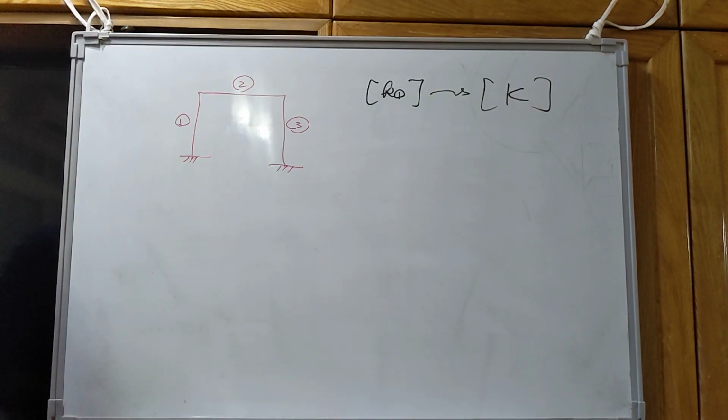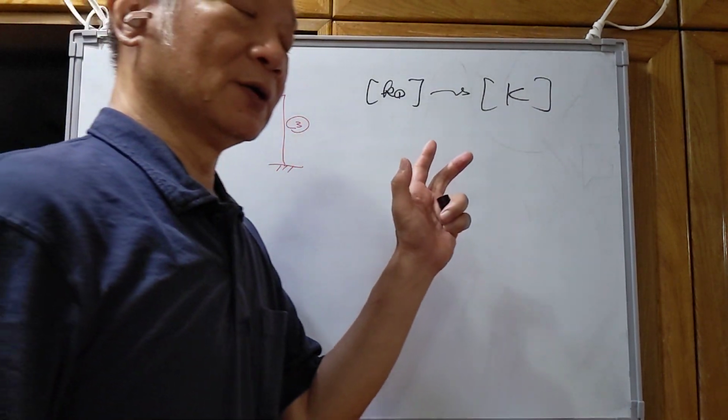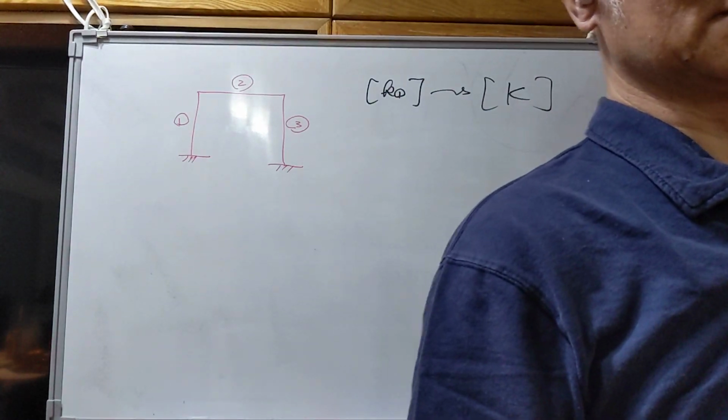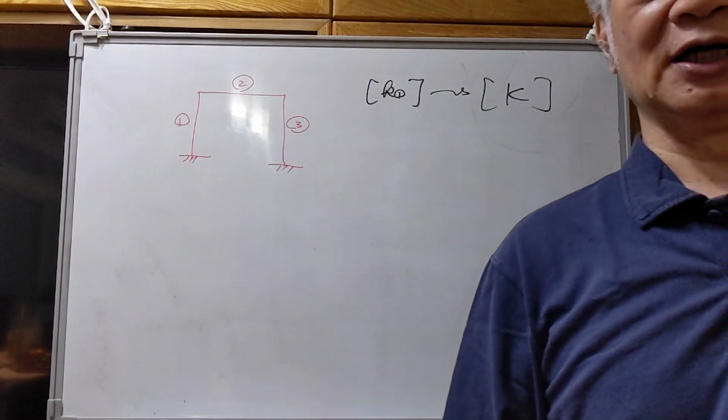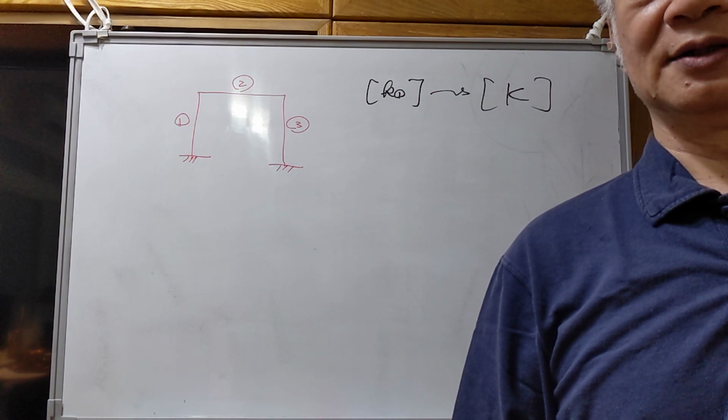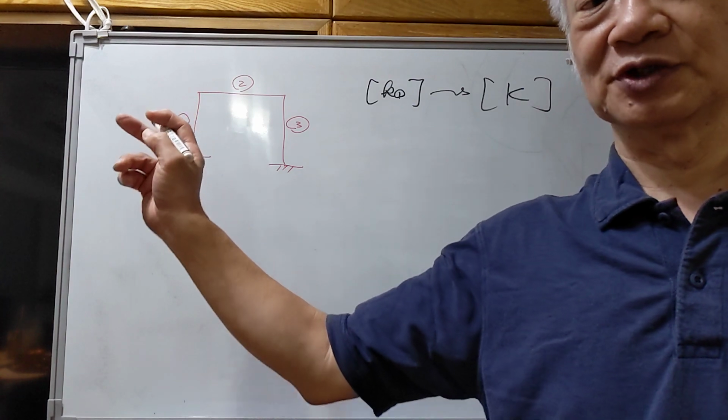Right now, in the global stiffness matrix, we have only the end force related to member 1.